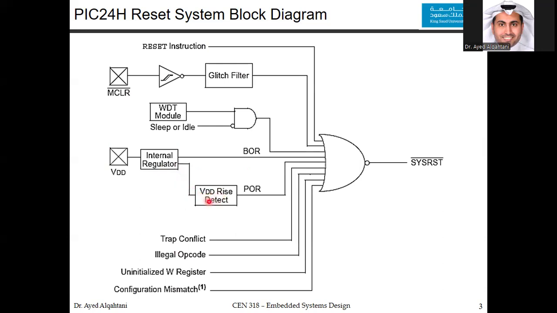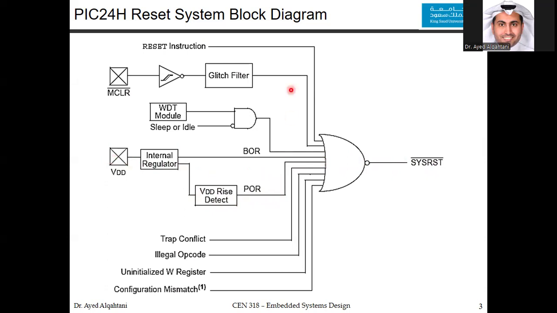Once it has reached a certain level, a flag will be raised that tells you that a power on reset event happened, and this will reset the system. That's the main reset in your PIC24.